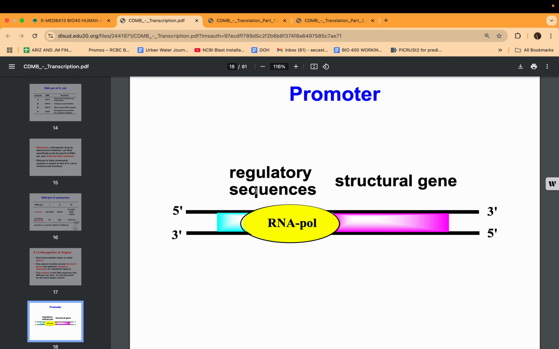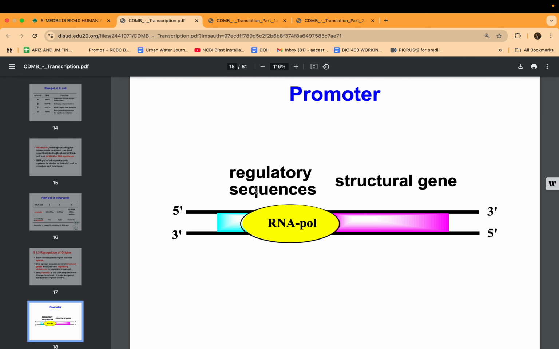Okay. For prokaryotes, the prokaryotic promoter has what we call a consensus sequence, which defines the promoter section. The -35 region, the TTGACA, and the -10 region, or the Pribnow box, the TATAAT.